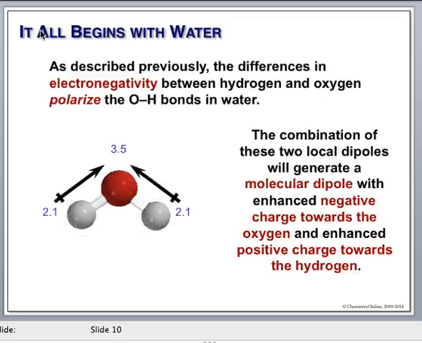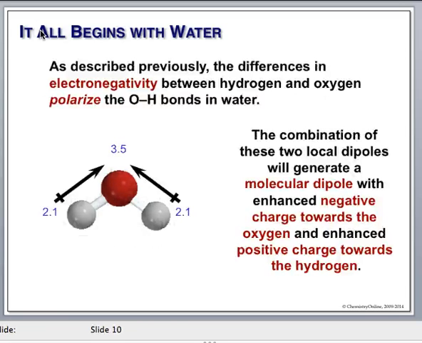Everything in chemistry comes back to water sooner or later. We've talked about water back in Chapter 7. We said that because the hydrogen and the oxygen differ in electronegativity, the covalent bond between these two is polarized.